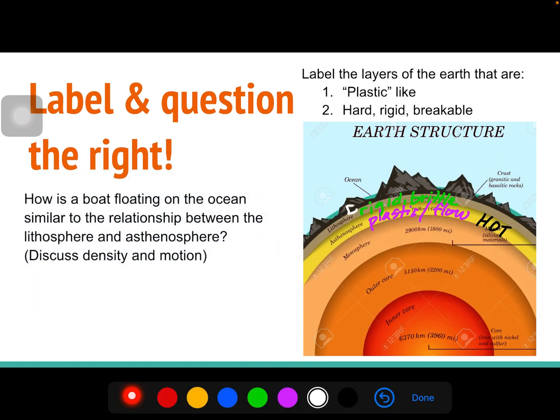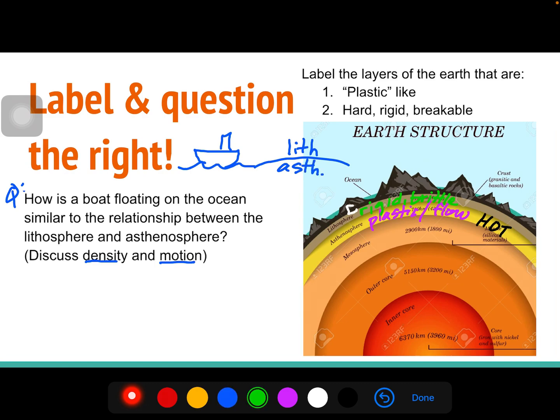So we've got that question on the right-hand side that we want to answer right here. The question says, how is a boat floating on the ocean similar to the relationship that we're seeing here with the lithosphere and asthenosphere? So discuss density and motion. The idea here is the boat on the ocean acts a lot like our lithosphere and our asthenosphere.